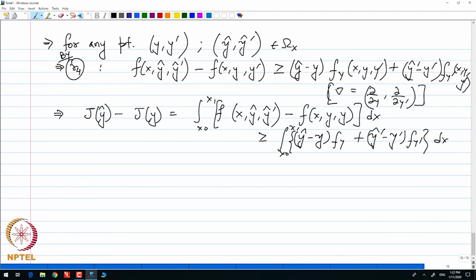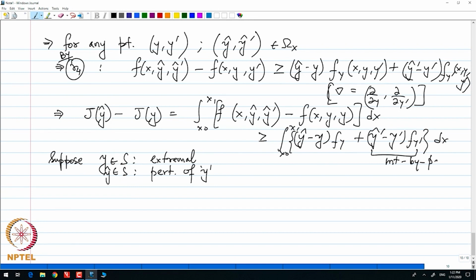Okay. Now the next step involves, we are going to assume that y is an extremal, or it is the solution to the Euler Lagrange equation. So let me say that suppose y in S is an extremal and y hat also in S is the perturbation of y. I see that the moment y is an extremal, first of all, we can reduce this second quantity by integration by parts.